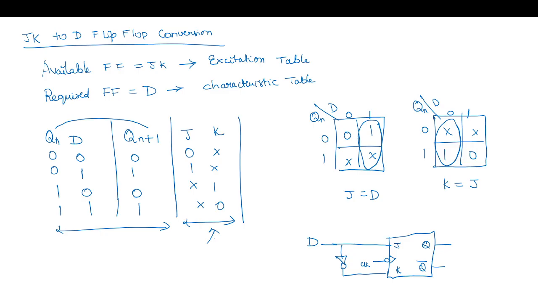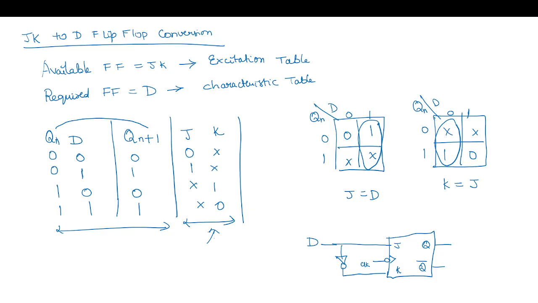In JK we have 1 state where it will perform the toggle operation, but in SR that 1 state is forbidden because it was giving an unstable output if we assume both gate delays are equal and the inputs arrive at the same time, and it causes a race condition if one of the gates is faster or one of the inputs arrives before.